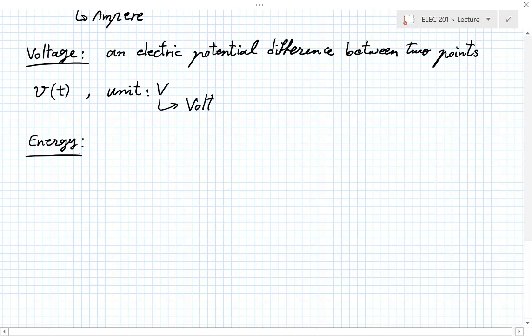Now, do we remember the relationship between voltage and energy? Even any vague idea? Yes. Excellent.